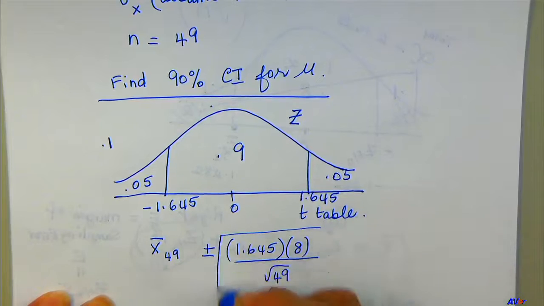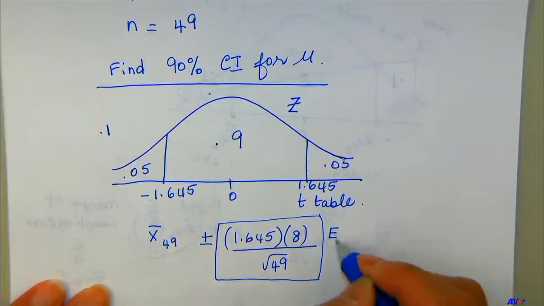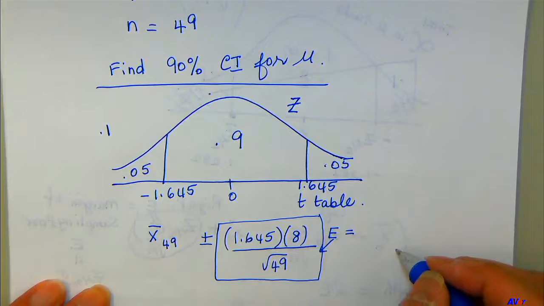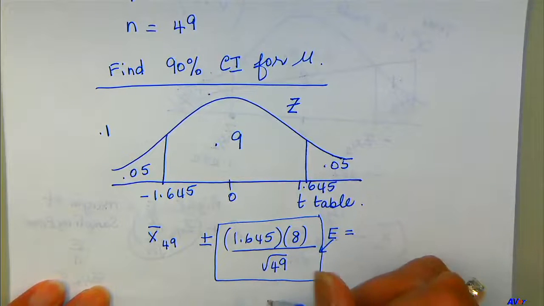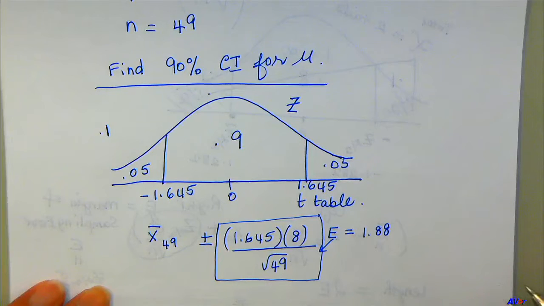Find the E. How much is E? Stick that in your calculator. 1.645 times 8 over 7. 1.88. Can we confirm that number?